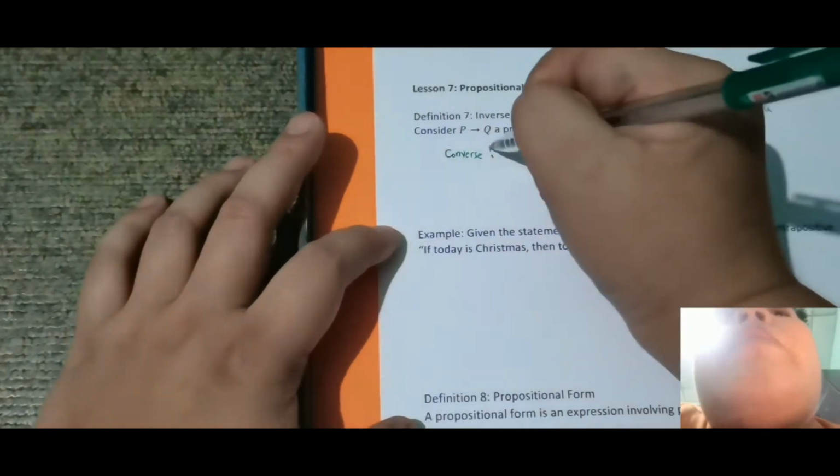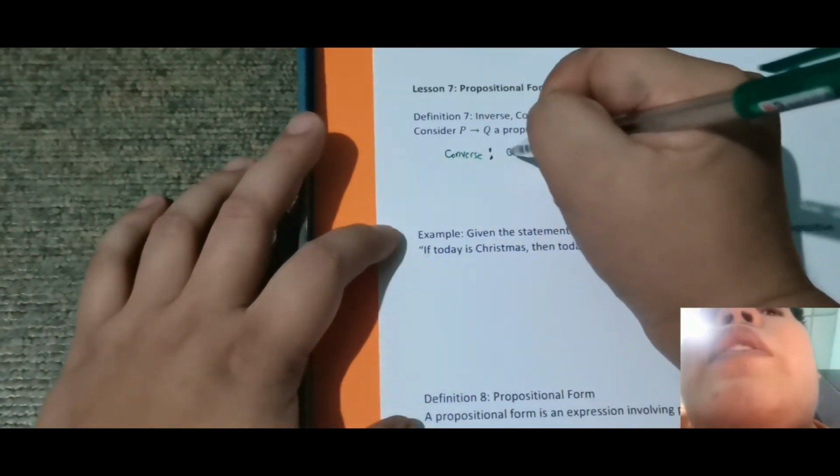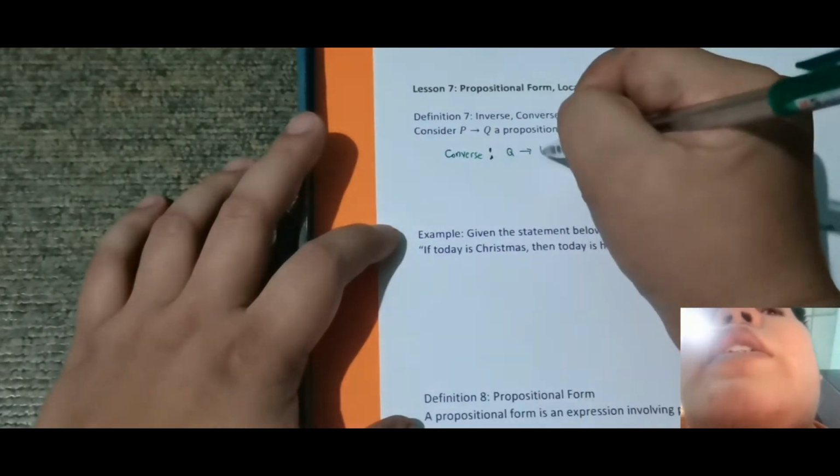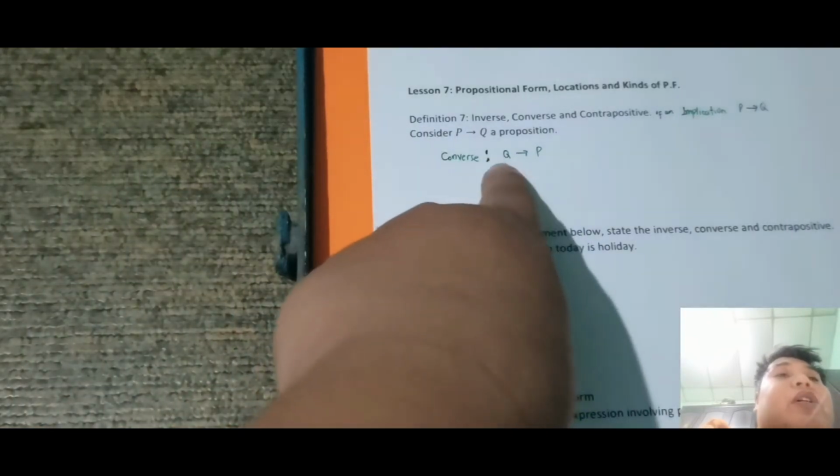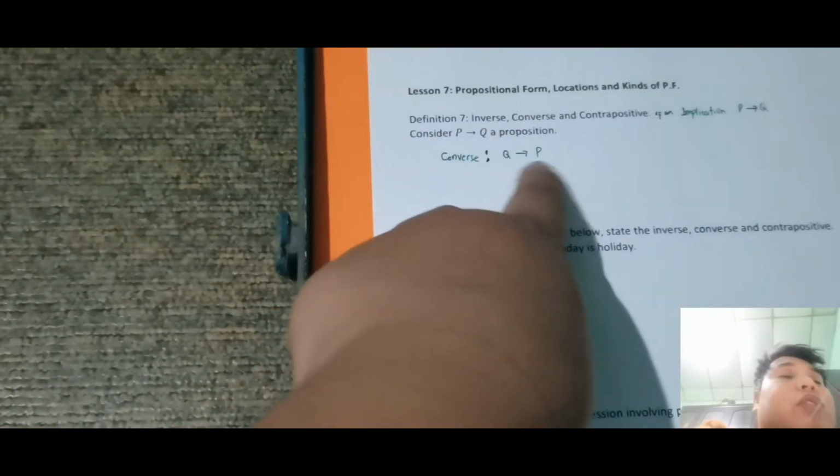Ang converse ng P implies Q is simply Q implies P. Pinagbaliktad. So again, ito yung kino-consider natin. So ano converse ng Q implies P? Ang converse ng Q implies P is P implies Q. So depende yan sa pinag-uusapan. Okay, so ang converse ng P implies Q is Q implies P.